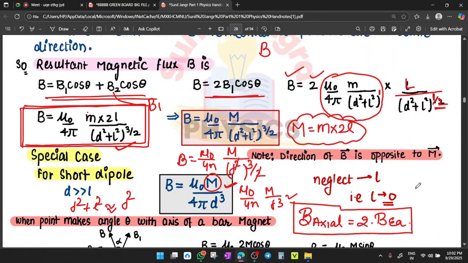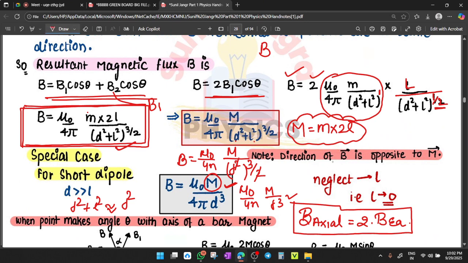So we have seen that the intensity of the magnetic field, or magnetic field strength, at the equatorial position is just half of that in the axial condition. So B axial is just double of B equatorial.